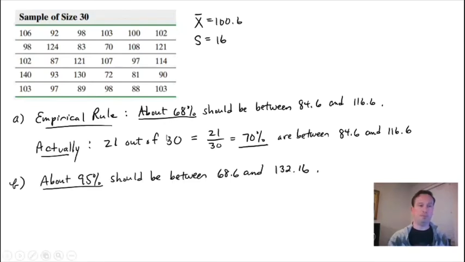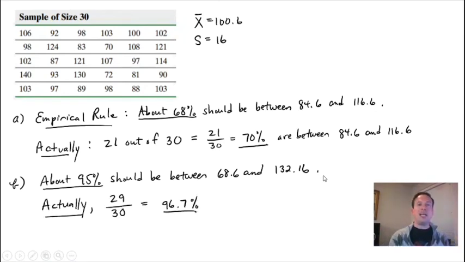It's pretty good. All right, the next step, about 95% are between 68.6 and 132.16. How do you get these numbers? Well, remember, take the standard deviation of 16, add it and subtract it again to these numbers right here. So subtract 16 from the lower number, add 16 to the higher number. If you're not sure, make up one of those number lines that we did. All right, now what about the actual data?